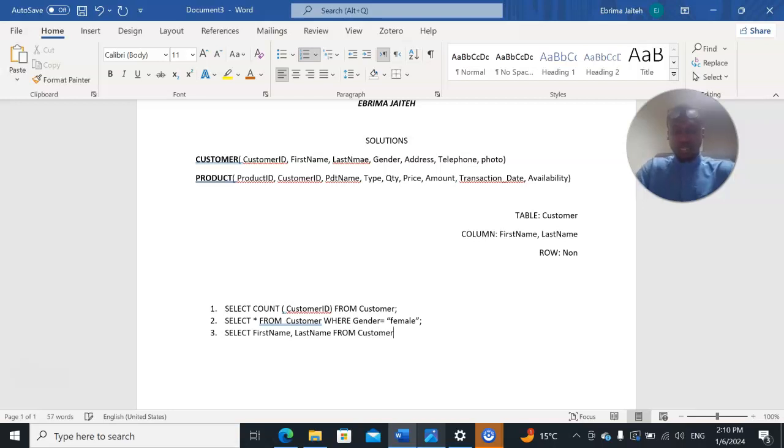Customer table, because we are getting this information from the customer table. So we are selecting the first name, the last name from customer. And then do not forget our semicolon. So it will retrieve the first name, the last name of the customer from the customer table.